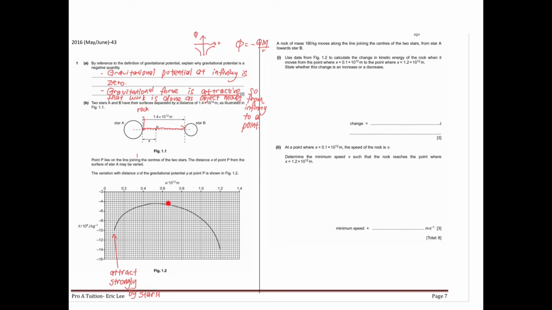And the rock continues to move all the way to star B.